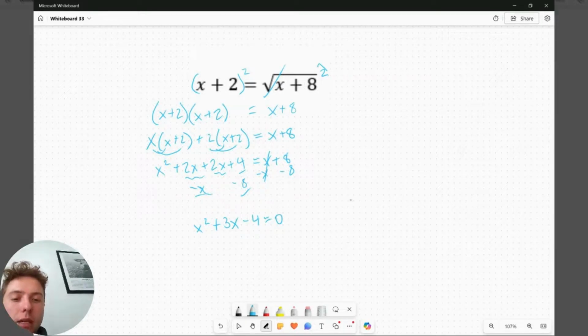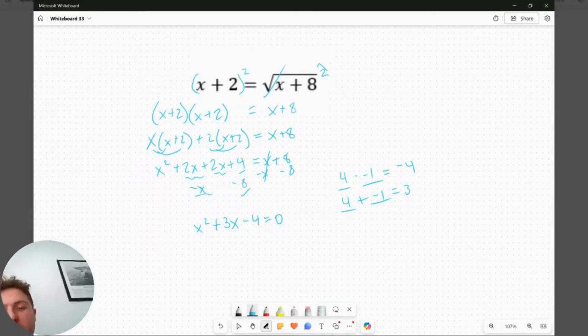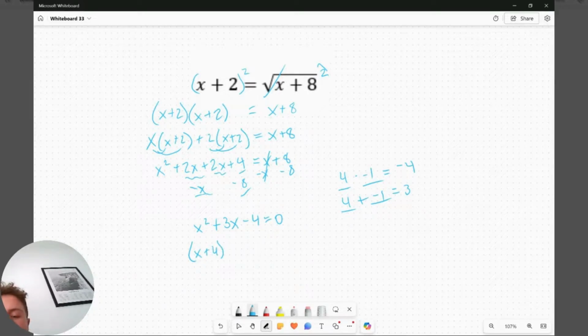This is a quadratic. We can factor it. Find two things that multiply to our a and c value. Find two things that add to our b value. In this case, those two values would be positive 4 and negative 1. So, okay, in this case, our a value is 1, so we are allowed to take our shortcut directly to the factored form, meaning I get x plus 4 and x minus 1 as our two factors.